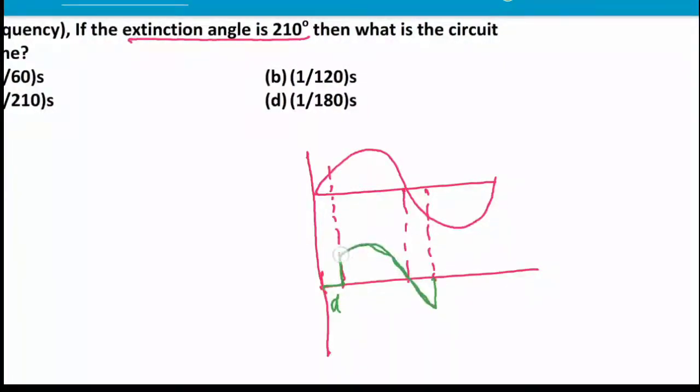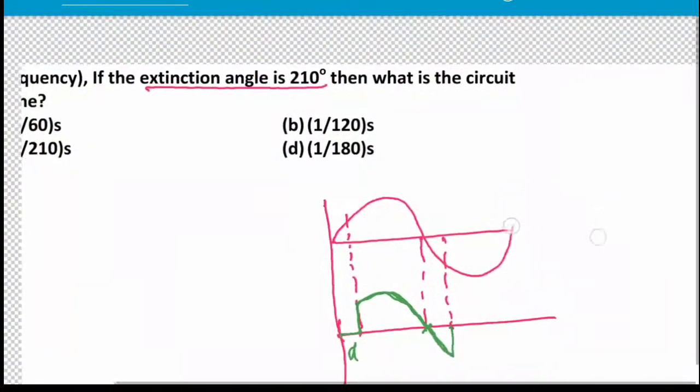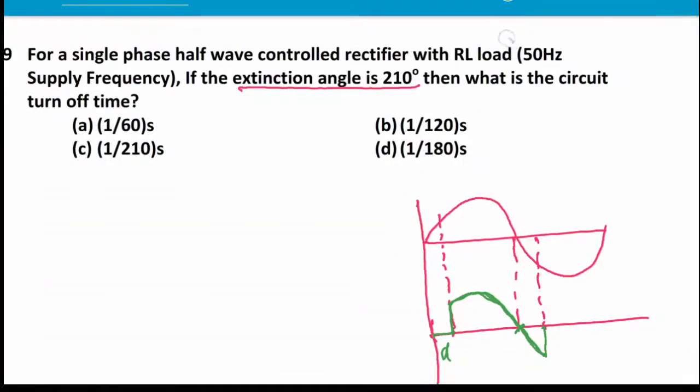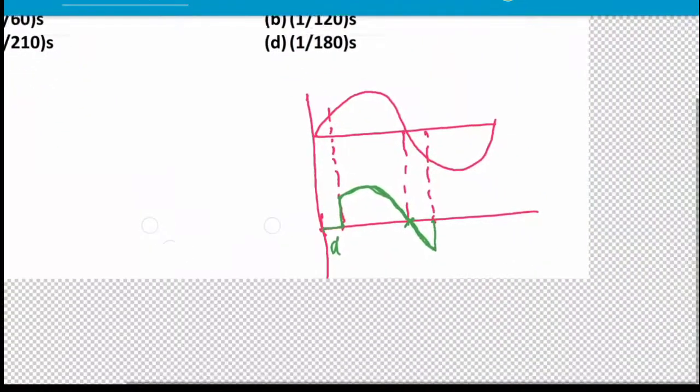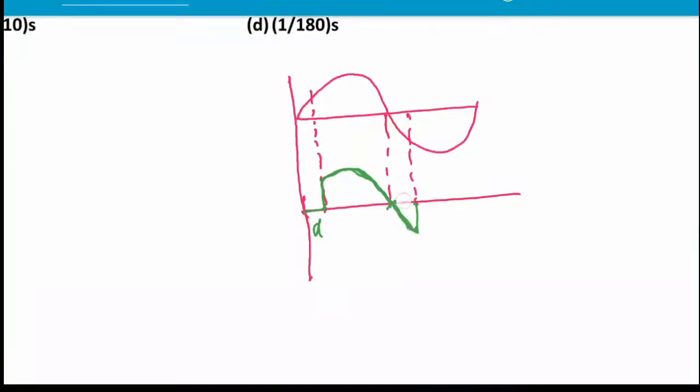That means this voltage is due to the inductor. Here it is given that it is an RL load. So this voltage should not come, and it is coming due to the inductor, and that is why the current will start from here and end at this point, not ending at 180 degrees. It is ending at this point, and this angle is called beta.